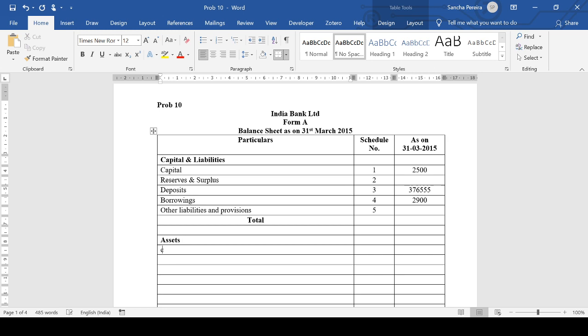Coming to the assets, cash and balances with Reserve Bank of India, balances with banks and money at call and short notice, investments, advances, fixed assets, other assets.